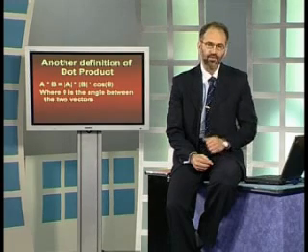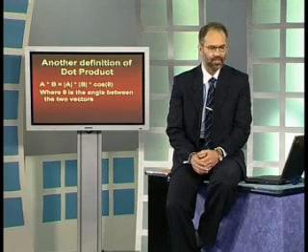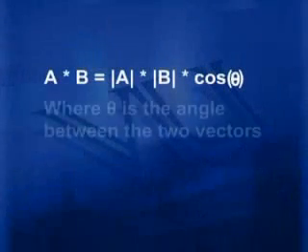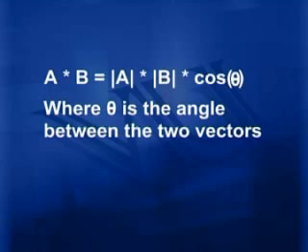So if you've got two vectors A and B with angle theta that they are making with each other, then their dot product can be expressed as magnitude multiplied by magnitude multiplied by cosine of the angle theta between them.